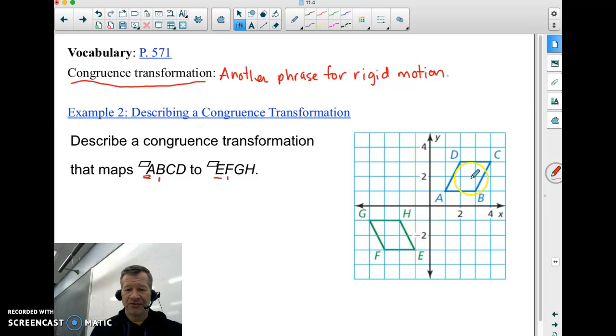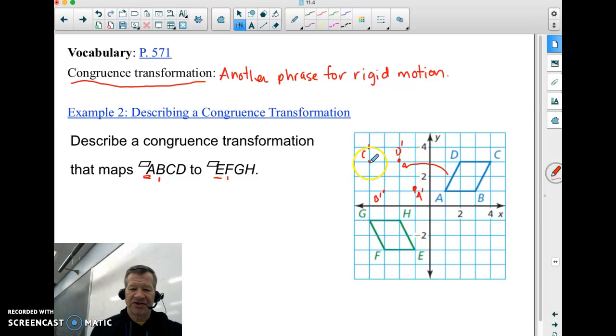Well, what I can do here is reflect this over the y-axis. If I did that, A is 1 away, so A prime would be here. B was 3 away, it'll still be 3 away. D is 2 away, so it'll go 2 to the other side. And C was 1, 2, 3, 4 away, so that'll be over here.